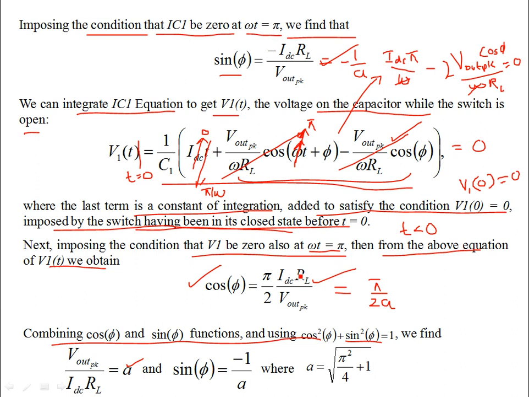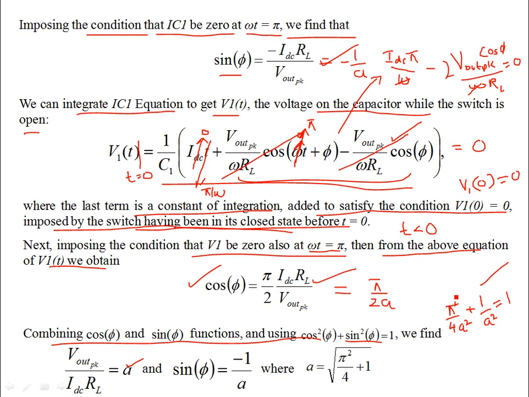Because the reciprocal IDC RL over V out peak is 1 over A. And now if you combine them, what you have is pi square by 4 A square, that's my cosine square, plus sine square, that is 1 over A square, and the right hand side is equal to 1, because that's your sine.